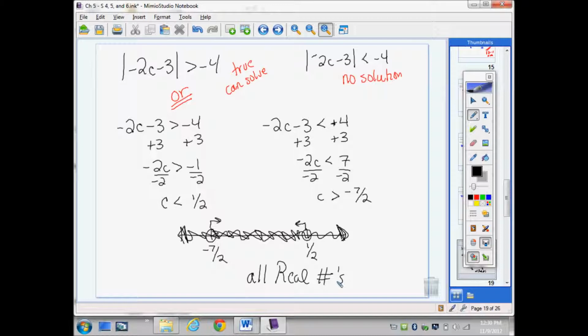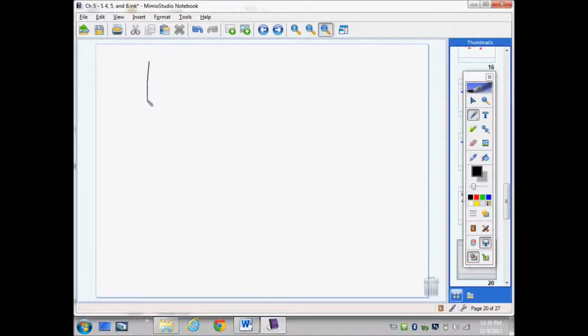But really what happens is when you see this, where it's greater than a negative, it doesn't matter what's going on over here. All real numbers.